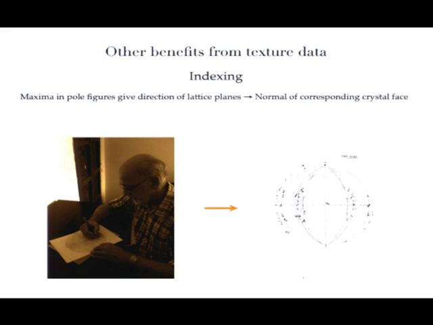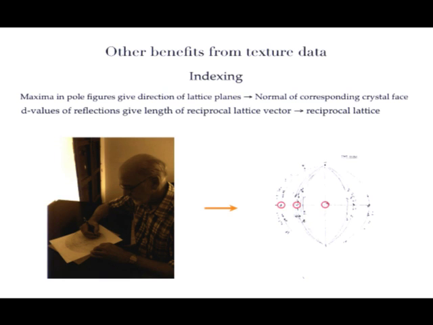And of course, we also know the d values, which we can measure and old crystallographers couldn't, and they give the length of the reciprocal vector. So we actually can construct the reciprocal lattice. And that's what this crystallographer did.